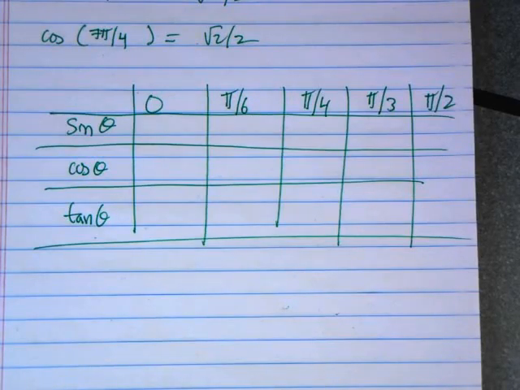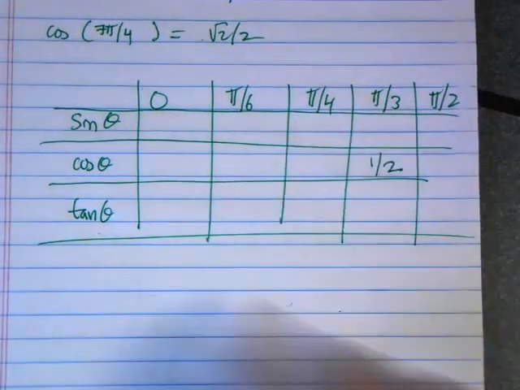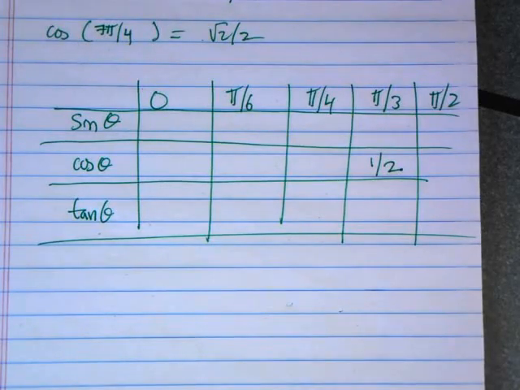So again, if I call you at 3 o'clock in the morning and ask you, what's the cosine of pi over 3? You're going to tell me, quit calling me at 3 o'clock in the morning. But then your next answer will be, what's the cosine of pi over 3? 1/2.